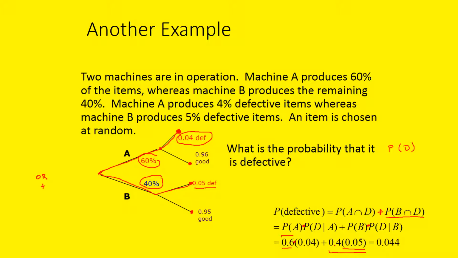And you run that arithmetic, and you are going to get this a little bit more than 2%, and this is exactly 2% for the second one, for a total of 0.044. 4.4% of the time you will be defective.